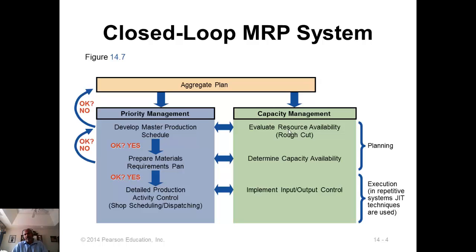Early on, a rough cut capacity plan was used so that the computational need would be less. But with the improved power of computers, there is capacity requirements planning that can be done, which is much more detailed and much more accurate. Once that is done, if it is not okay, then you have to make adjustments, and if it is okay, then you proceed to the next stage, which is the MRP, preparing a material requirements plan.